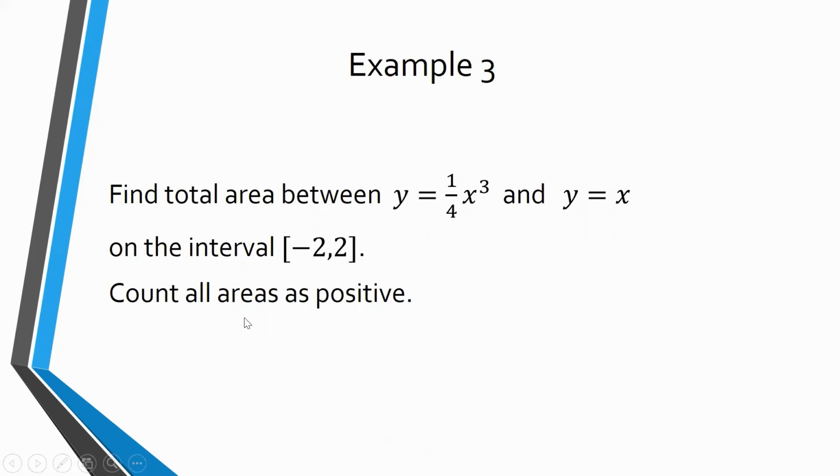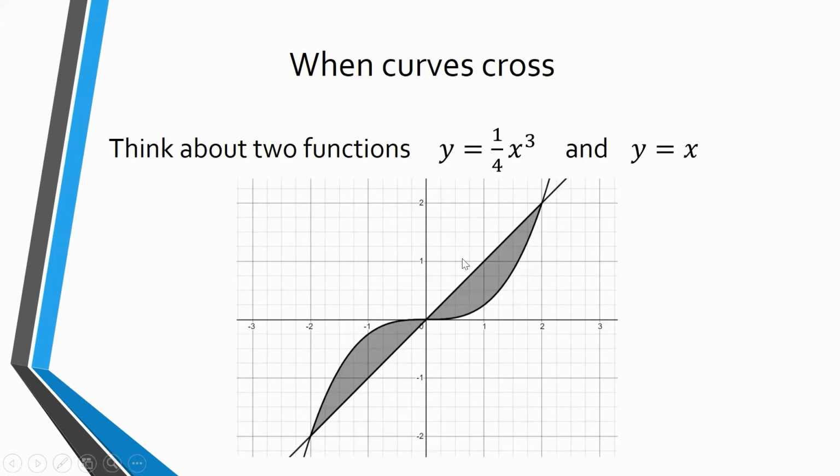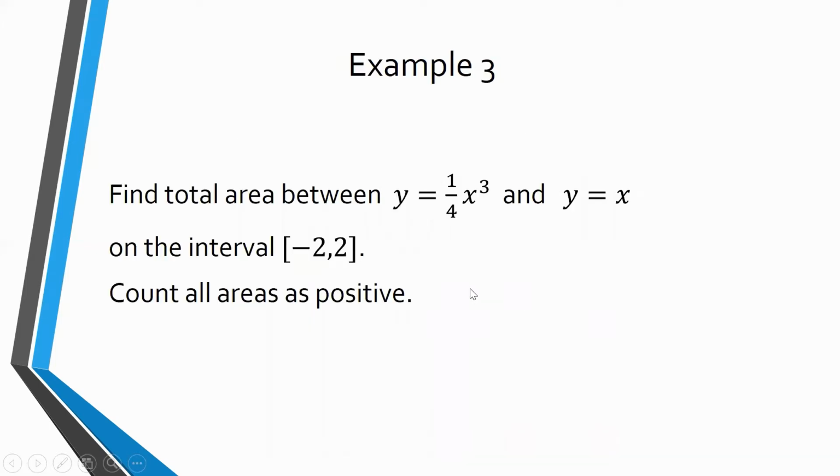If I didn't say that, then the question may be a little bit ambiguous, because sometimes people will just talk about one area, or maybe they'll count one as positive and the other as negative, or maybe they count both as positive. So to be clear, we're going to count both of those areas as positive, and that's how we'll ask the question in example 3.